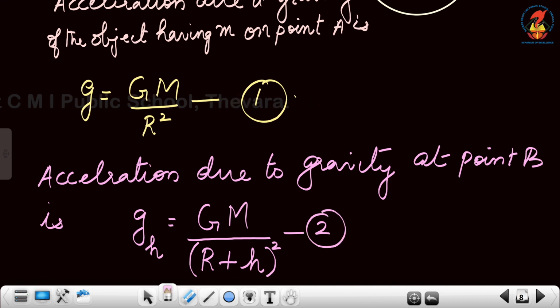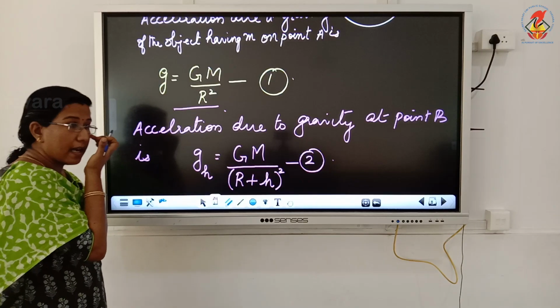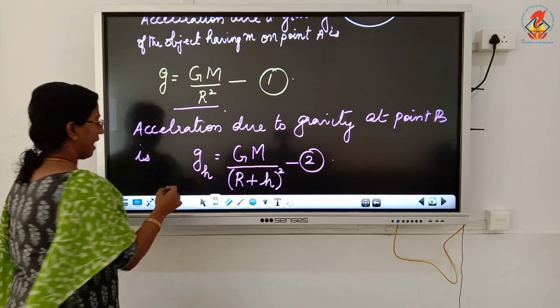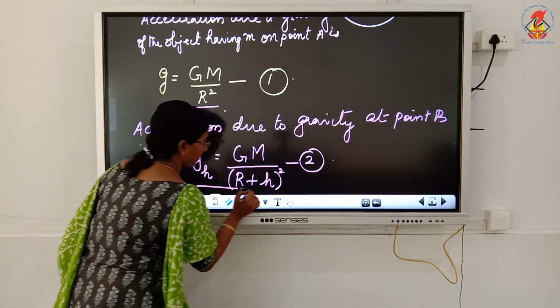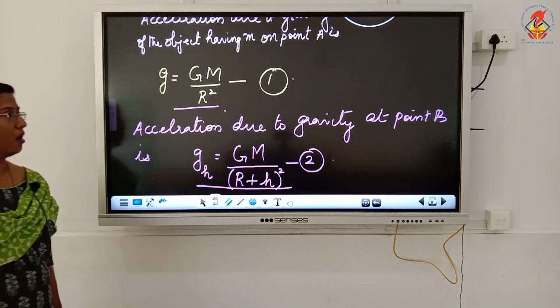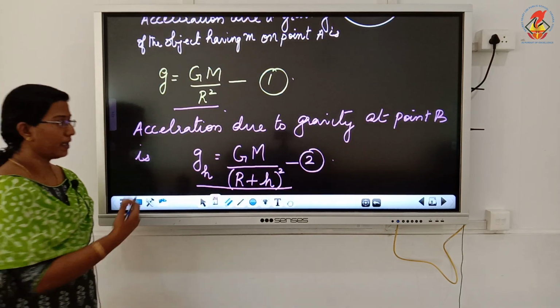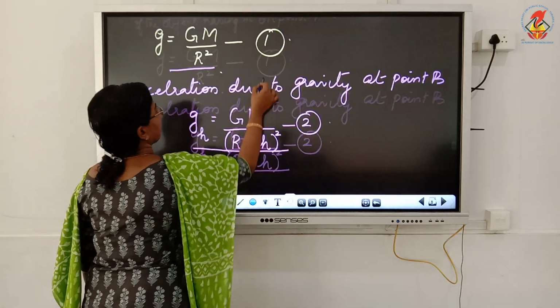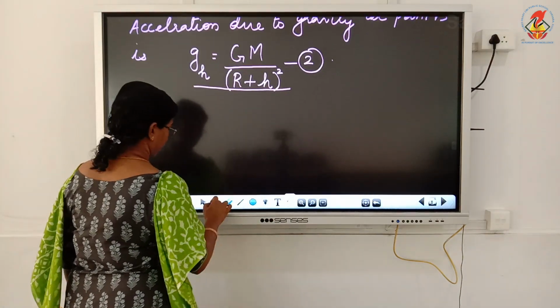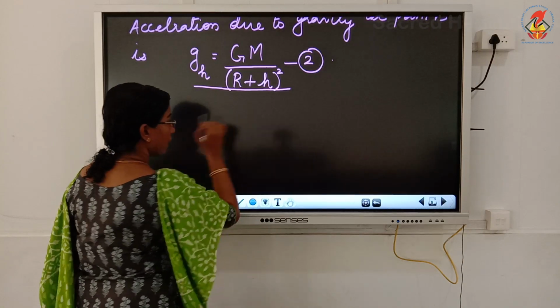This is equation 2. So at point A, acceleration due to gravity is G M by R square. At a distance h from the surface of the earth, acceleration due to gravity is G M divided by R plus h the whole square. Now I am going to divide these equations.